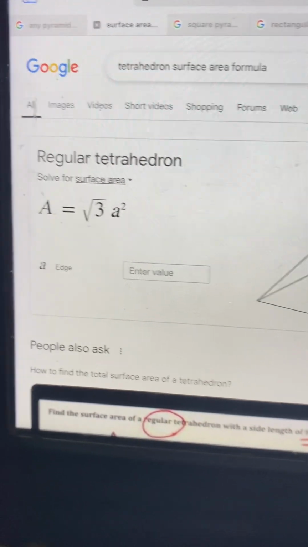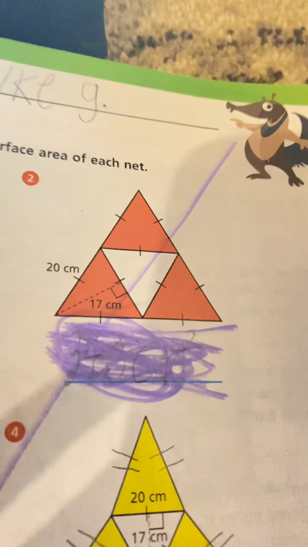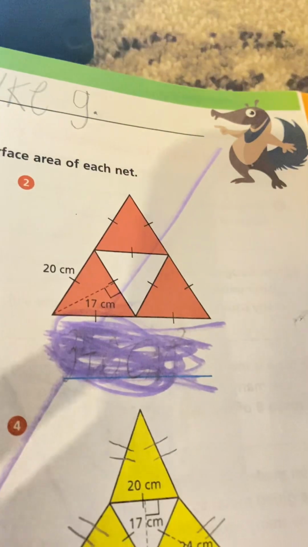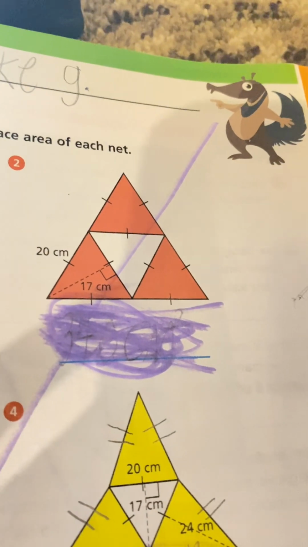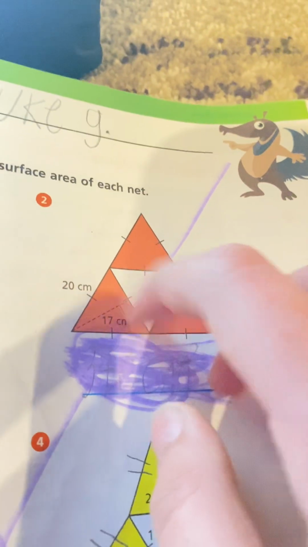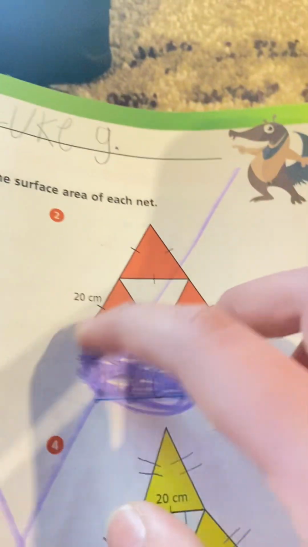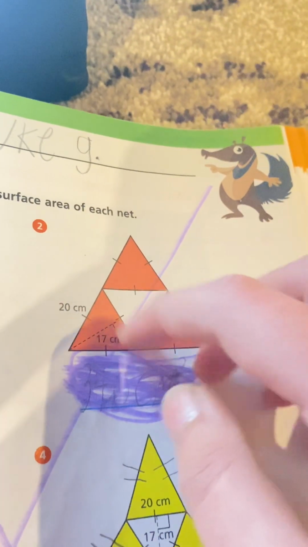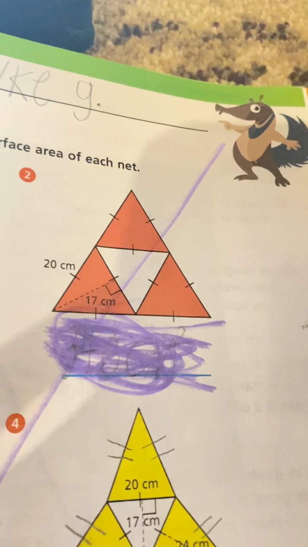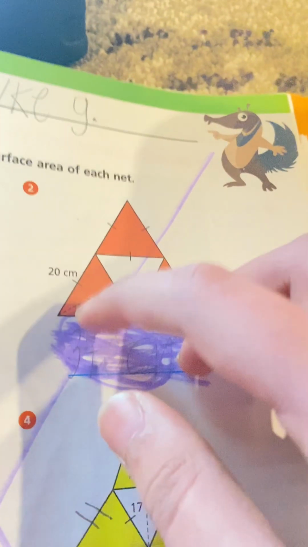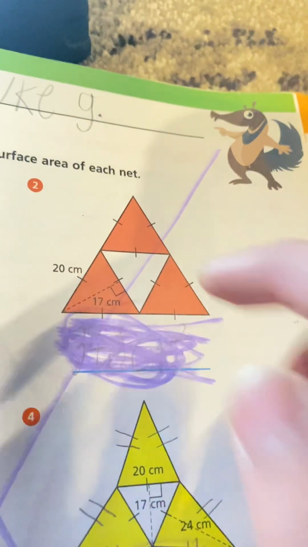In a regular tetrahedron, all the faces are equilateral triangles, with the base as an equilateral triangle, and 3 more lateral equilateral triangles. In other words, these are simply the lateral faces, and that is the base. Because if you look here, this appears to be one large triangle. And this triangle, the white one, appears to inscribe perfectly inside the red triangle, which splits it into 3 identical triangles.